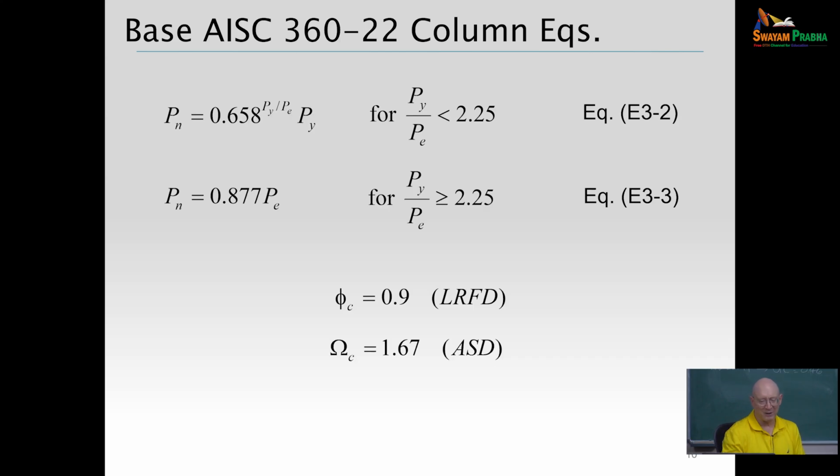The inelastic strength is this exponential formula that's a function of PY over PE. In early LRFD, that was written as 0.658 to the lambda squared. And some of the practicing engineers on the spec committee said, we don't like Greek symbols, take that out. So it's PY over PE. Okay?